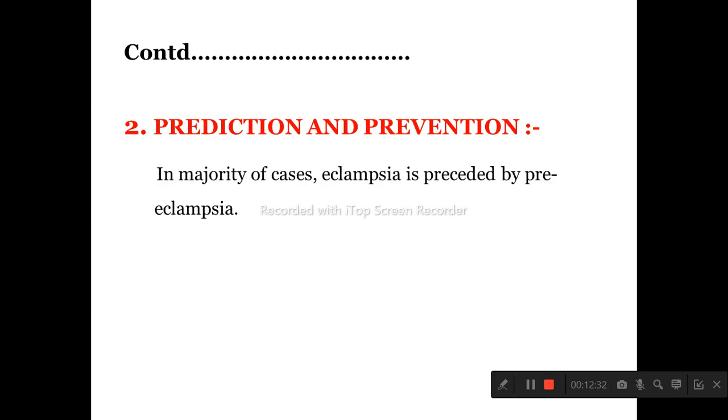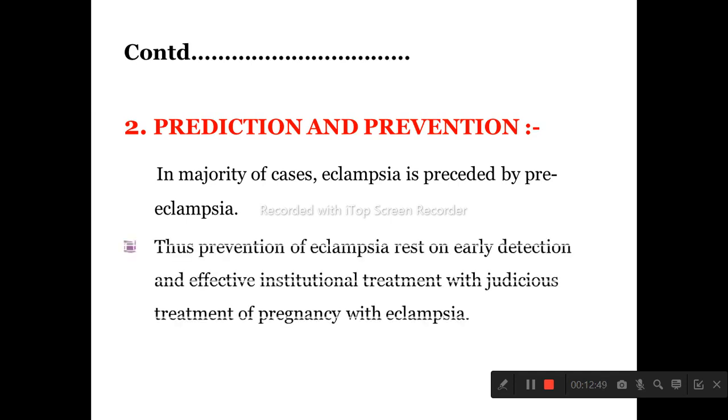In the majority of cases, eclampsia is preceded by pre-eclampsia. So by early identification of pre-eclampsia, we can prevent eclampsia through regular examination of the mother, like BP checking during each and every antenatal visit. Then for prevention of eclampsia: rest, early detection, and effective institutional treatment with judicious management of pregnancy with eclampsia.